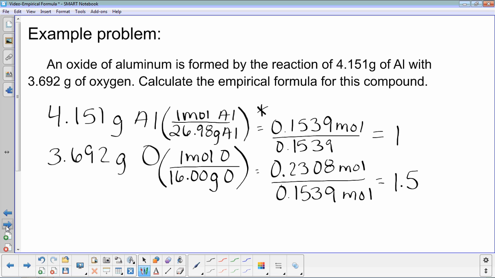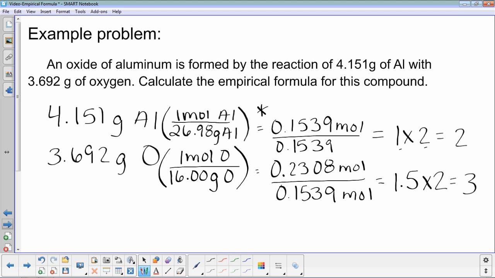Like I said in the list of steps, if it doesn't come out to a whole number, you're going to have to multiply so that it comes out to that. So in this case, it's pretty simple, because 1.5 times 2 is 3. But if I multiply the bottom one by 2, I also have to multiply the top one by 2. So 1.5 times 2 is 3. 1 times 2 is 2.